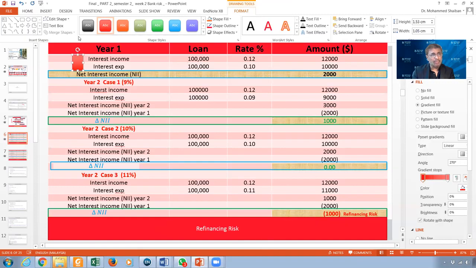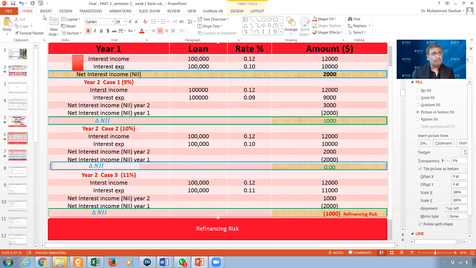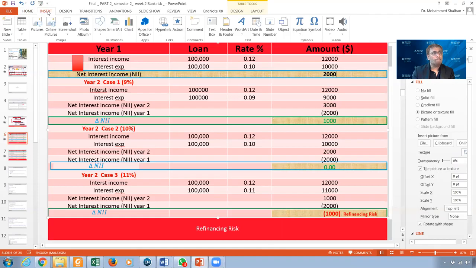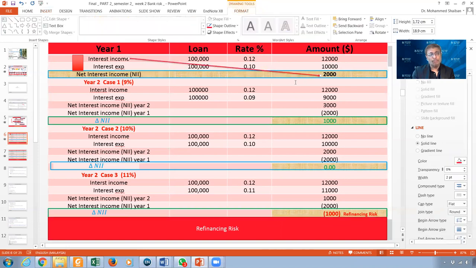All of this is the same. 1 million, 100 million, 100 million. This is for year one, no problem. Which means in year one, as you can see, I get 2 million actually, and I'm happy with that.